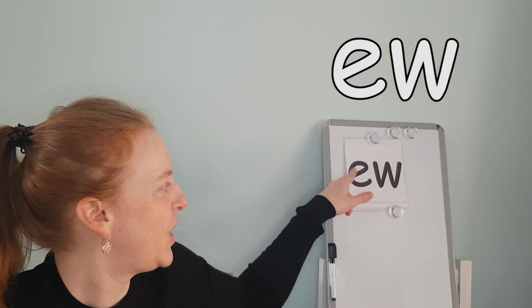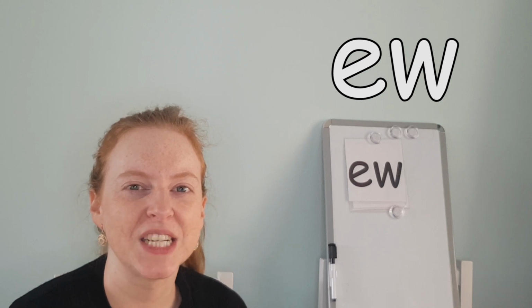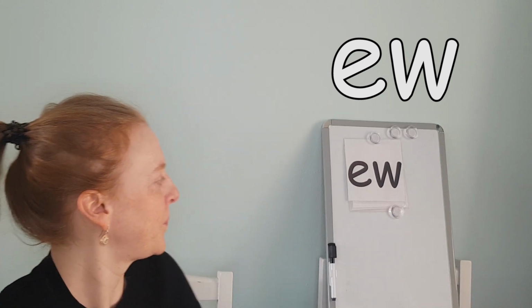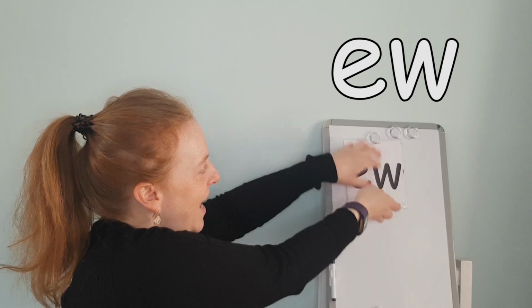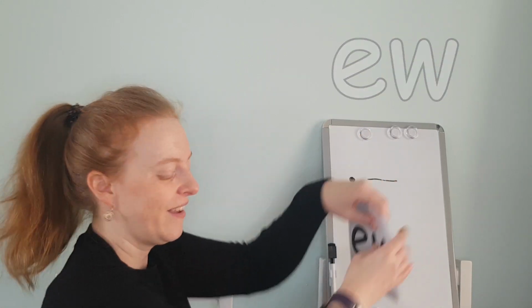So that's ew, as in few, and flew. Those are Phase 5 digraphs, part 1. I will now do Phase 5 digraphs, part 2. And then I will do a summary of all of them.